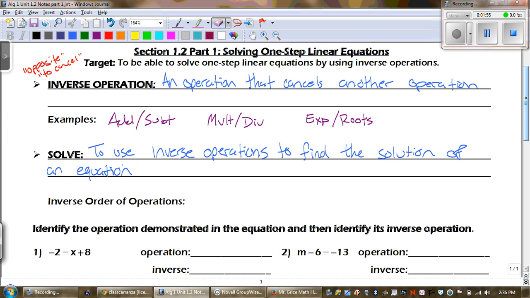Normal order of operations is PEMDAS: Please Excuse My Dear Aunt Sally. When you're solving, we do the opposite. So it's SADMAP. I'm going to write it all nice.